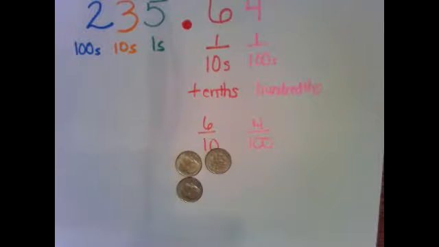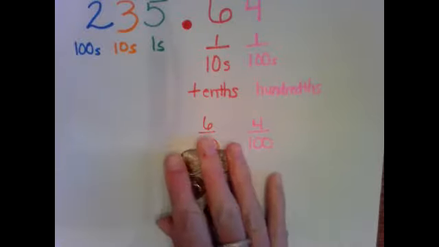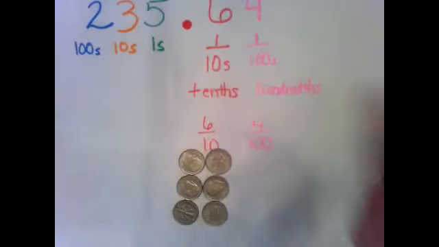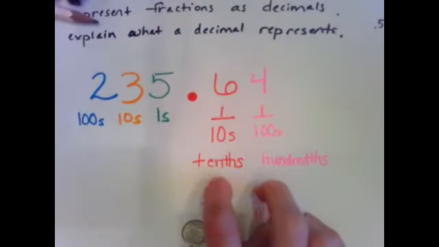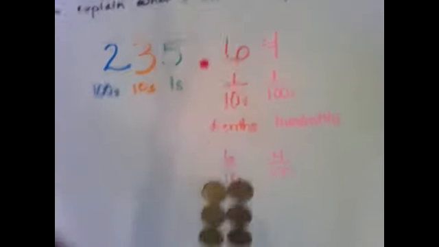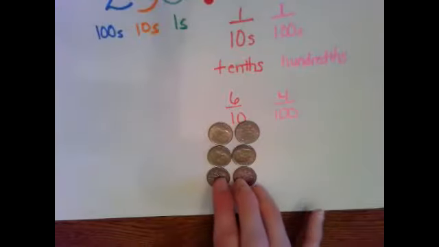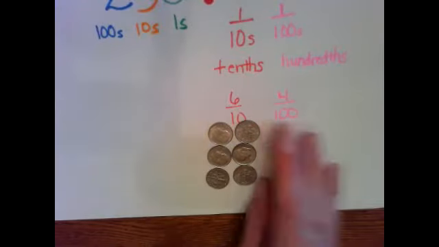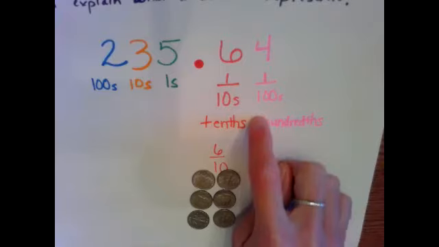And here's what they look like. This first place value is like the dimes or the tenths out of a dollar. So 6 in the tenths place is equivalent to 6/10ths. Now if we move over to the next place, hundredths.